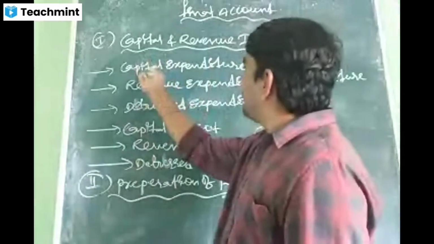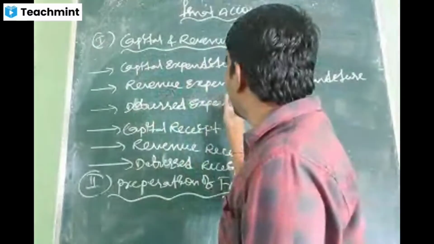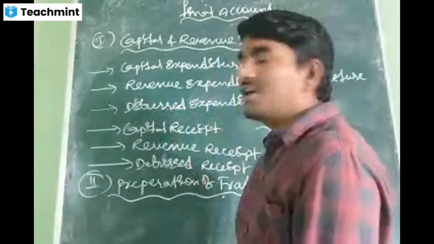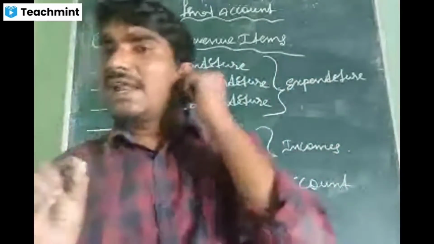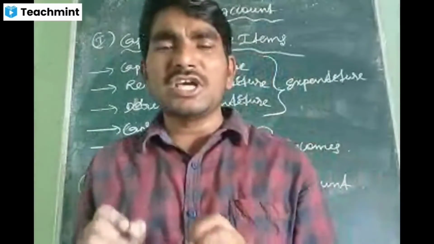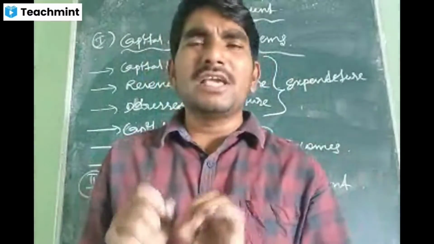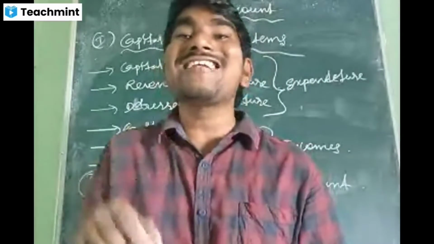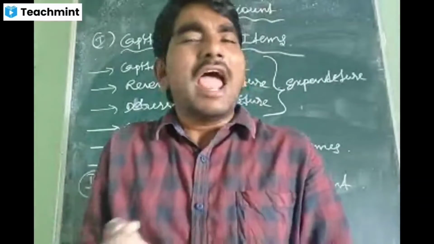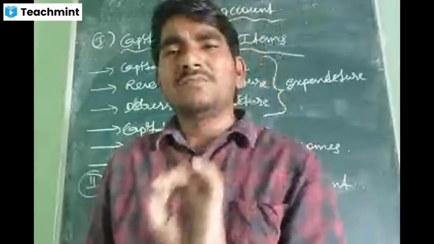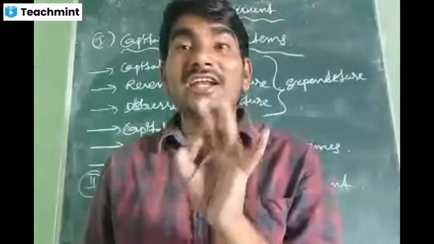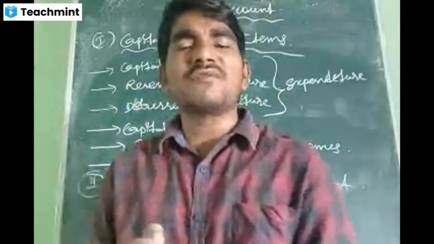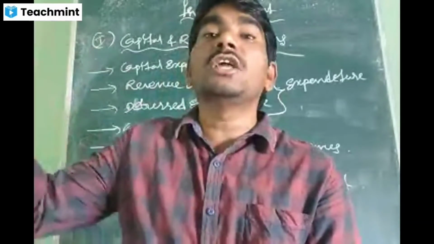What is capital expenditure, what is revenue expenditure, and what is deferred expenditure? First of all, you should understand the capital expenditure. The capital expenditure is nothing but it should be there in the situation of non-recurring nature. Okay? And whenever in the business organization we do this kind of expenditure, the utility of this type of expenditure will be there for more than 1 year.